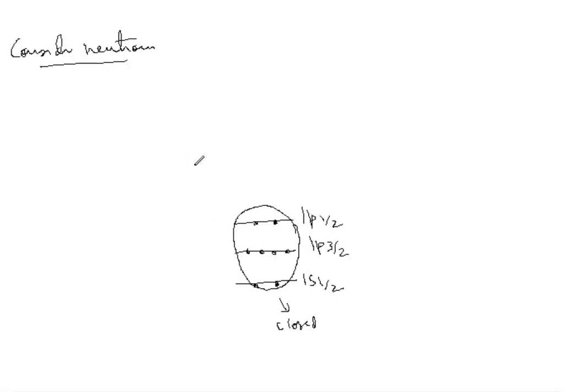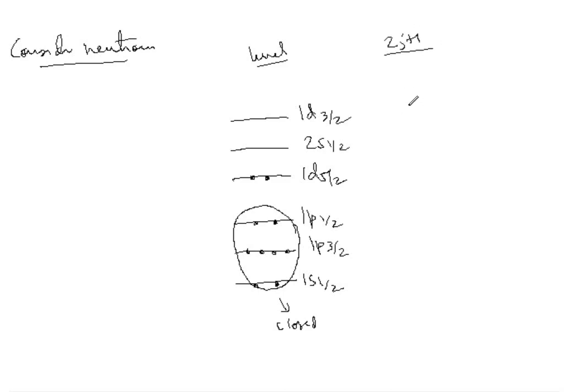However, note the difference. The difference is that here in 1d5 half, only 2 of the protons will be there. Again, here we have 2s half, and here 1d3 half. Okay, now this is the level, and what about 2j plus 1? Here it is again 2, this is 6, 2, 4, 2, so on, and the projections we have also discussed.